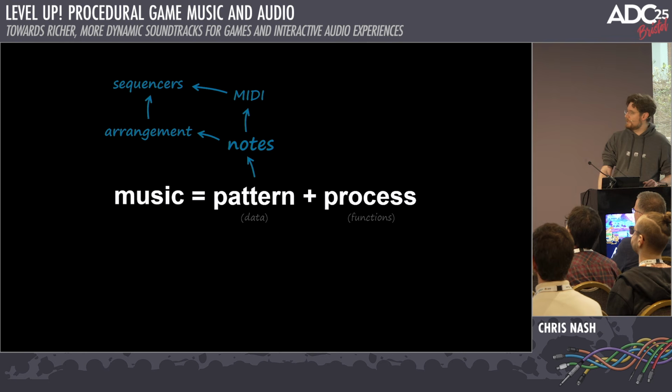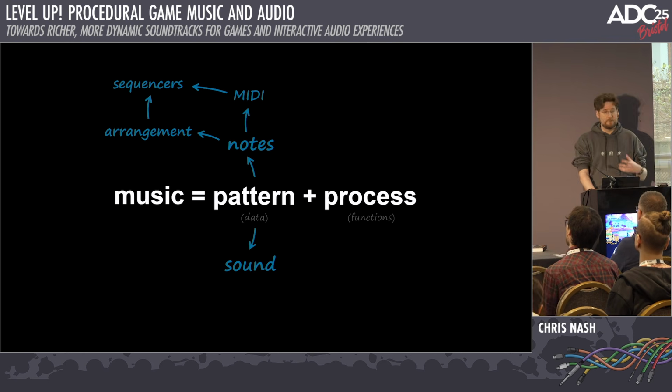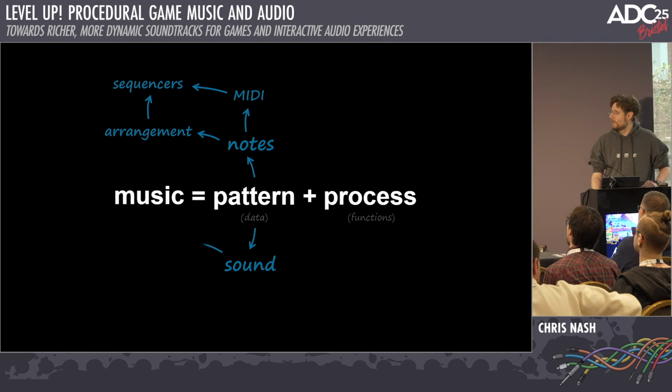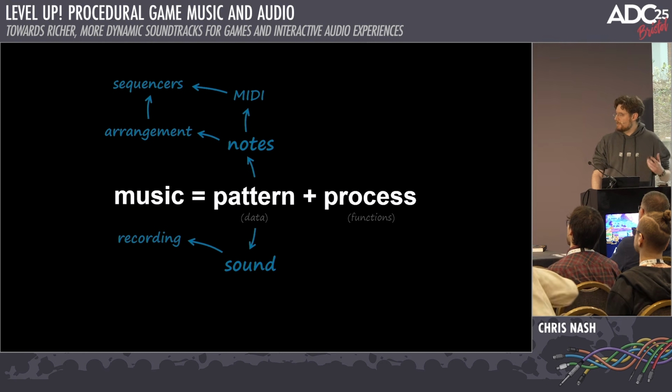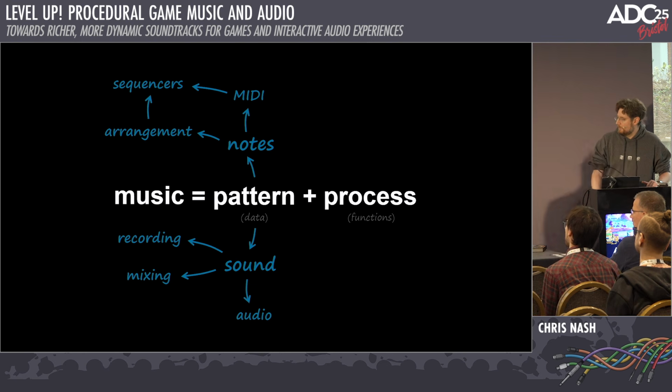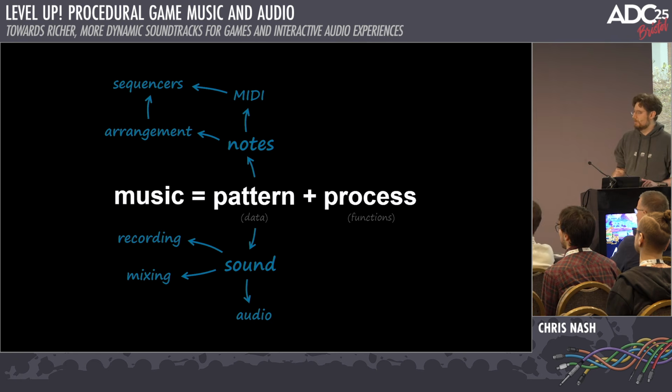This is audio now. So we're treating the patterns of sounds and samples. The things that we do is we record them, we mix them, and underneath it's digital audio and samples, and that's really, really low level.